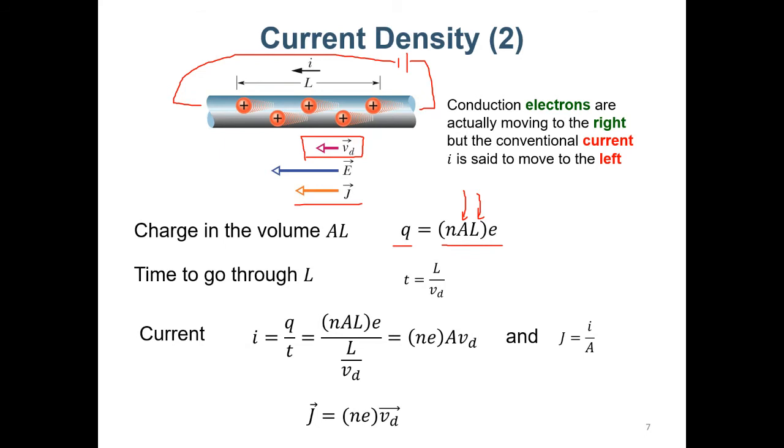And n is the charge density, or the number of charges in a unit volume. e is the elementary charge. So when we multiply all of them together, it is the total charge in this part.